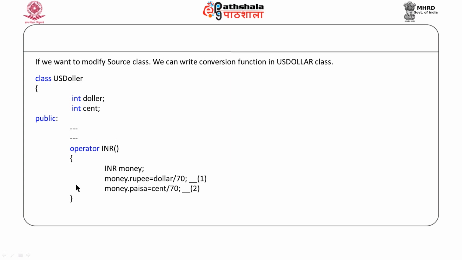Here we want the US dollar class object to be converted to an INR object, therefore we define an operator function, operator INR, and then we can perform the conversion like this, and finally, we need to return the money object, which can be assigned to the my money object.